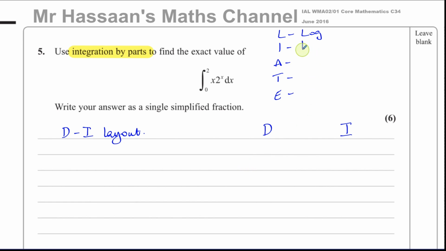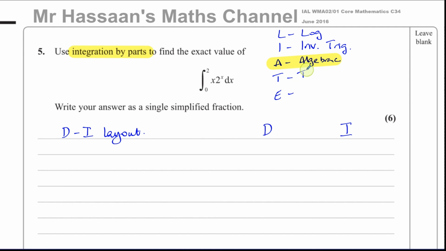And then we have the inverse trig functions, which we don't have in this question. Then we have the algebraic expressions, polynomials like we have here. So we have the algebraic expression here, we have the x.